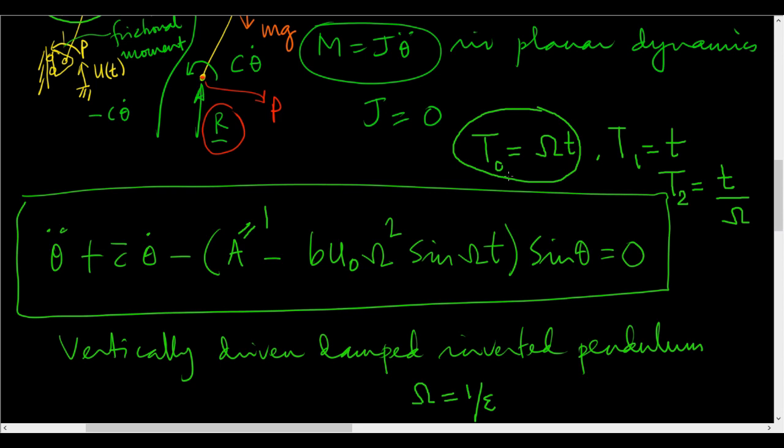So my fastest time is the time of the individual oscillation in the forcing cycle. My time of primary interest is the time order 1, and then this is the slow time over which we will have to do the calculation to get something meaningful.